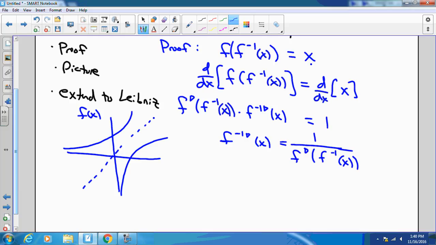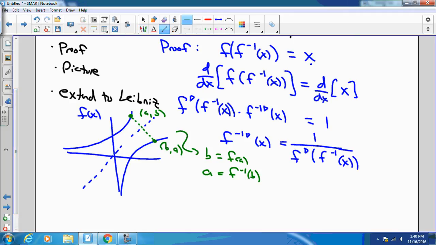Okay. Now let me pick a point, a comma b. So b is equal to f of a. And therefore a is equal to f inverse of b. When I pick this point a comma b, then over on the graph of the inverse, I have a matching point b comma a, like that.